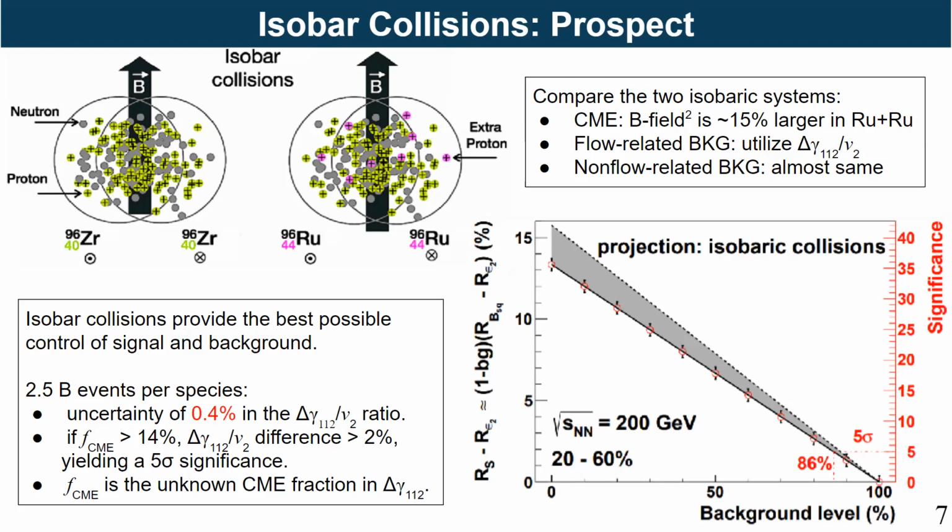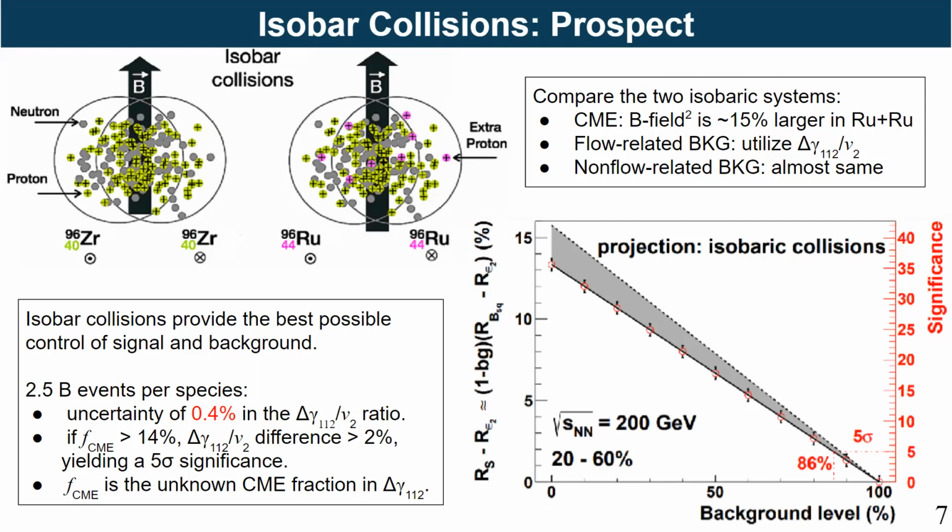The R here means it's a ratio between the two systems, of delta gamma, minus the eccentricity difference. It can be related to the magnetic field and the eccentricity difference and linked by the background level.